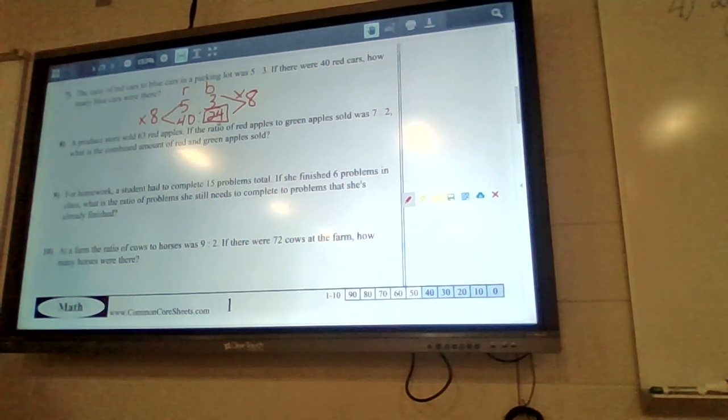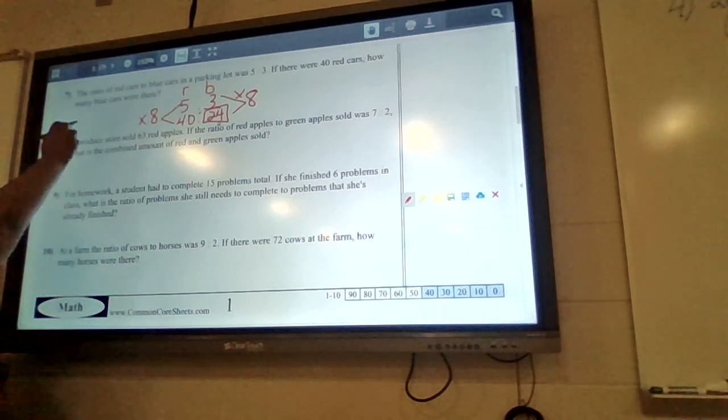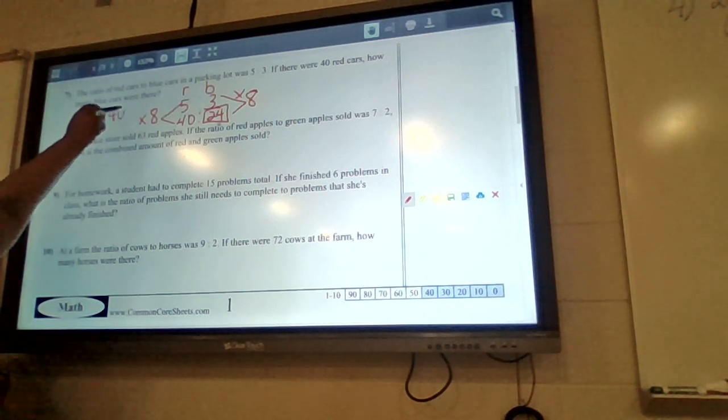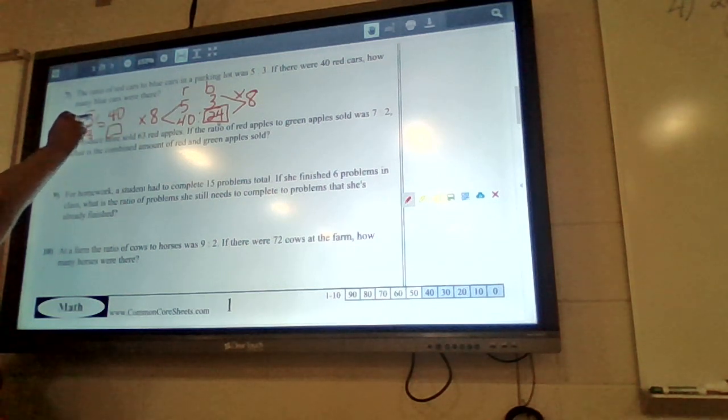So all we're doing is finding equivalent ratios. You remember equivalent fractions from the 5th grade? This is the same thing, except we're calling them ratios. I could have written this like this: 5 to 3 equals 40 to what? And so this is 5 times 8. This is 3 times 8.